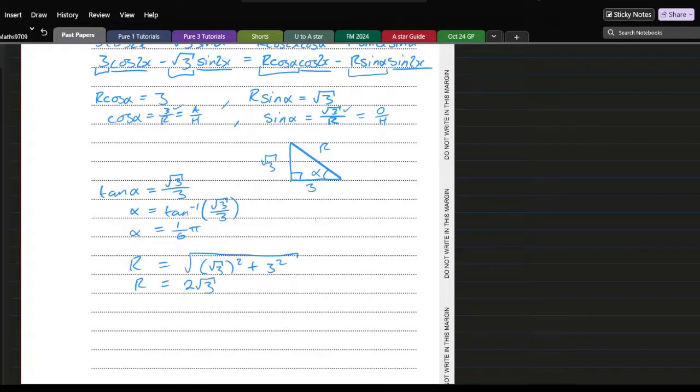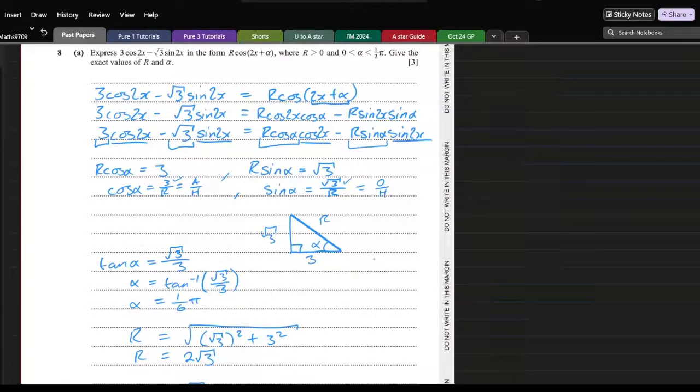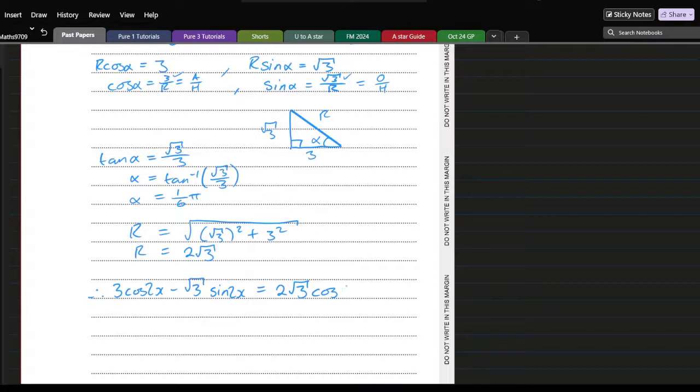So we can conclude that therefore 3 cos 2x minus root 3 sine 2x can be written as 2 root 3 cos, and they want it in the form 2x plus alpha. So cos of 2x plus alpha, which is 1 over 6 pi. I should put a positive sign. So plus 1 over 6 pi. And this here is our final answer.